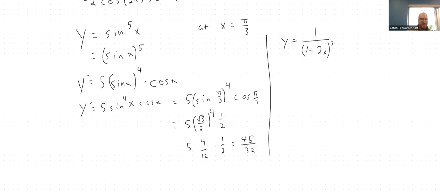I'm going to make this easier so I don't have to use a quotient rule, because I'd have to use a quotient rule with a chain rule when I do the derivative at the bottom, because it's something to the third power. Watch this. How do you like that? Now I don't have a quotient. I can just use a chain rule.